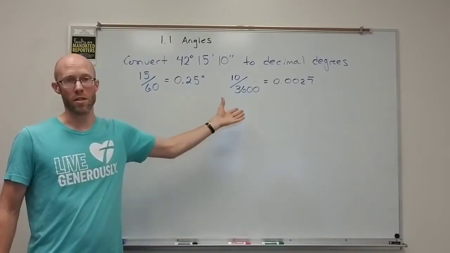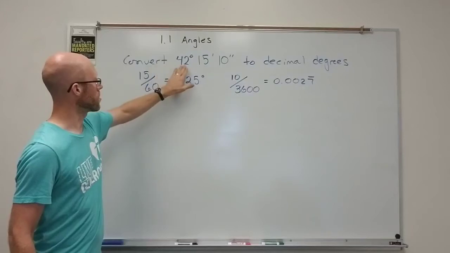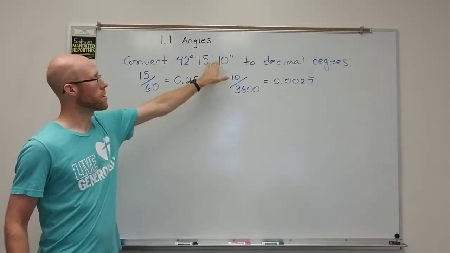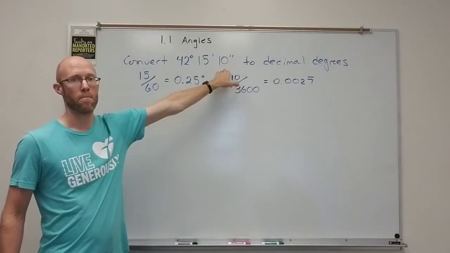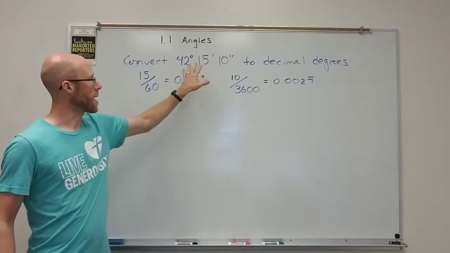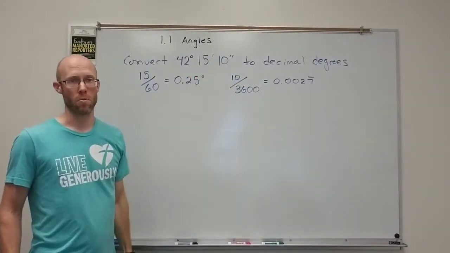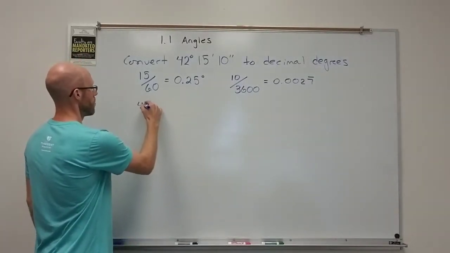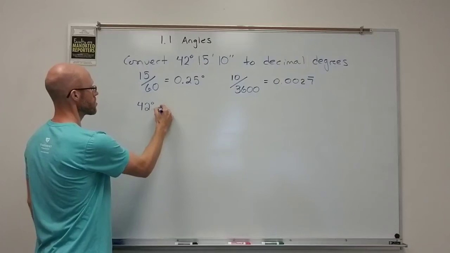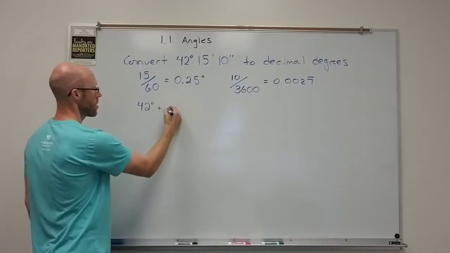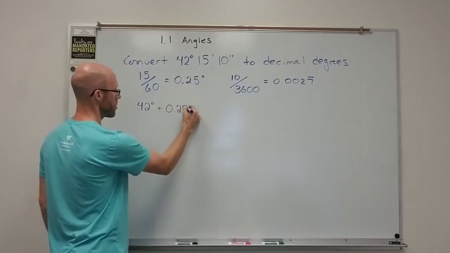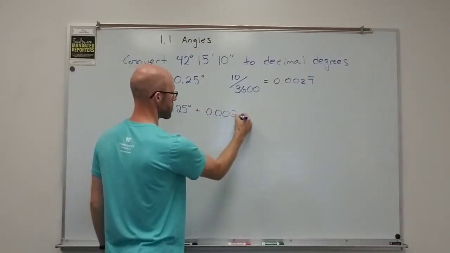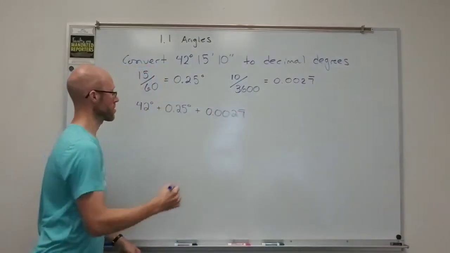Now I want to put all these together. If I had an angle that opened up at 42 degrees, 15 minutes, and 10 seconds, then the combination is the sum of those 3 parts. So we'd have 42 degrees plus the 0.25 degrees plus the 0.0027 repeated degrees.